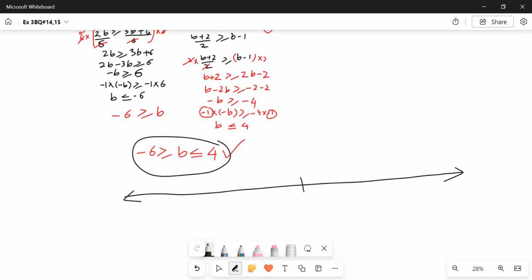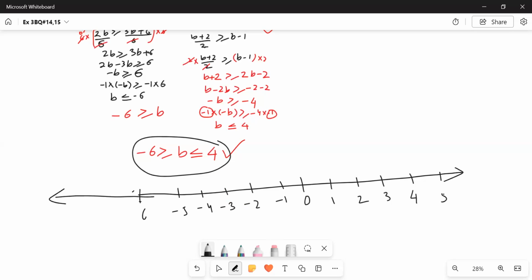So let me check. This is 1, 2, 3, 4, then it will be 5. And here it will be minus 1, minus 2, minus 3, minus 4, minus 5, and minus 6, minus 7.